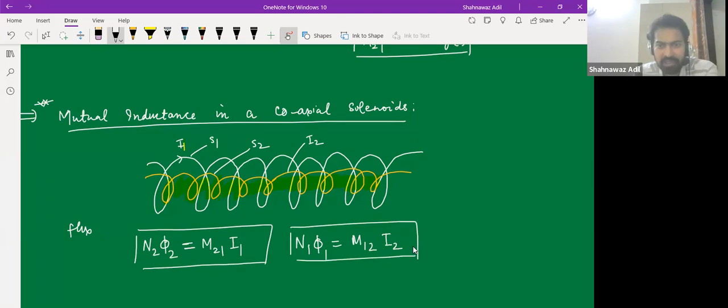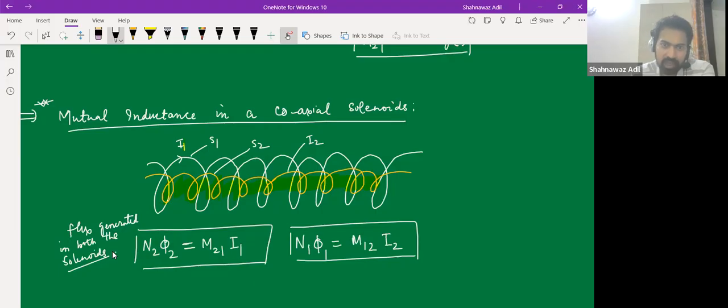Flux generated in both the solenoids. Is this part clear?